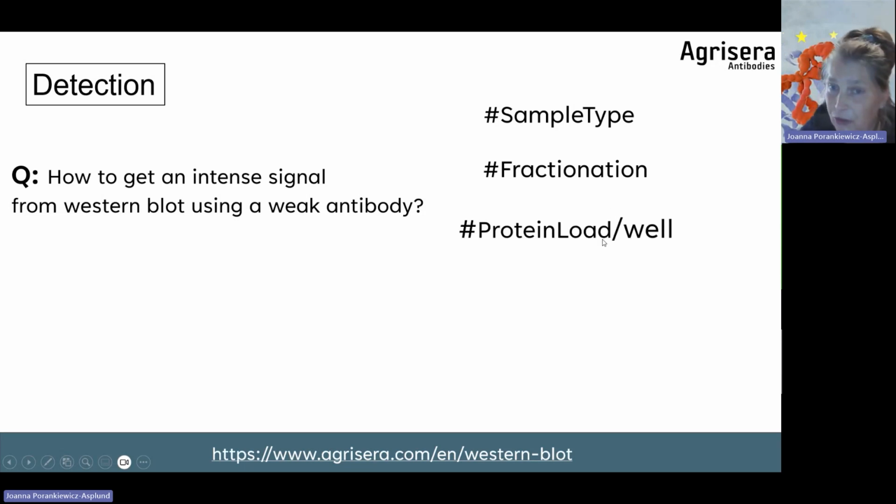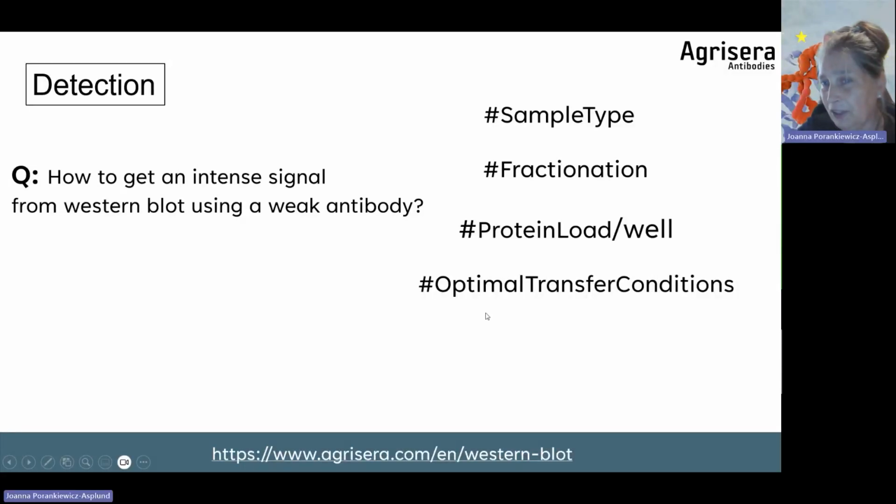You may also need to increase protein load per well. Did you have optimal transfer conditions? In my first lecture, I showed you the difference between transfer conditions for proteins of low molecular weight and high molecular weight, because there is no one protocol that fits them all. There's no such thing.